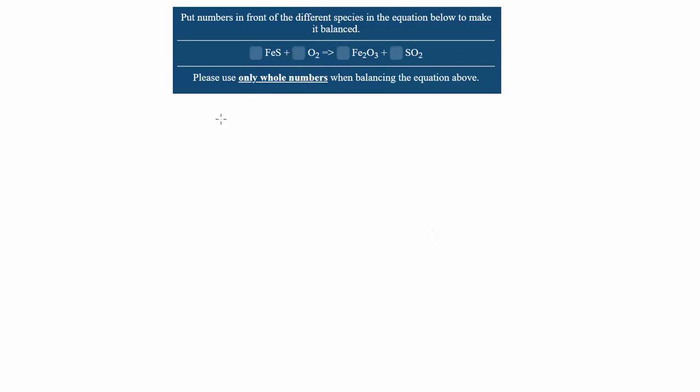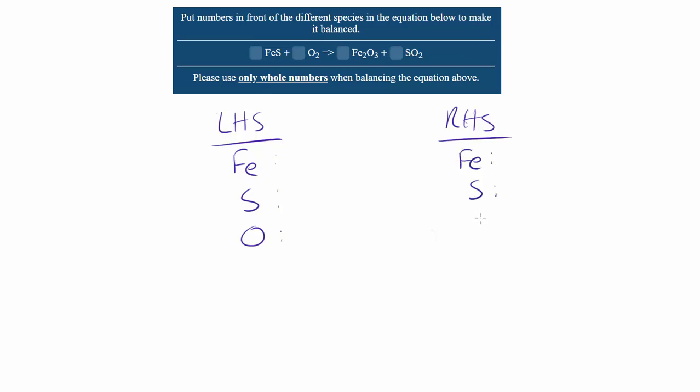I'm just going to write left hand side: we've got iron, sulfur and oxygen. Similarly, on the right hand side, we've got iron, sulfur and oxygen. So how many occurrences do we have on each side?